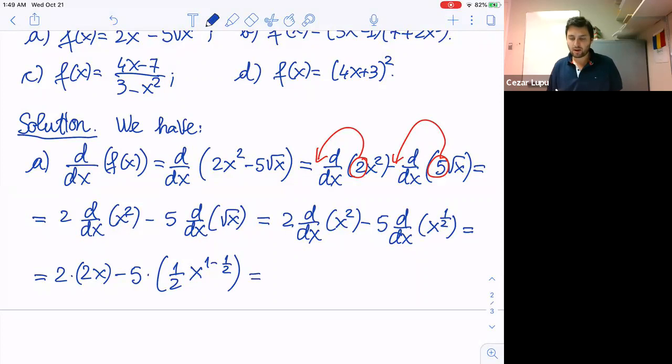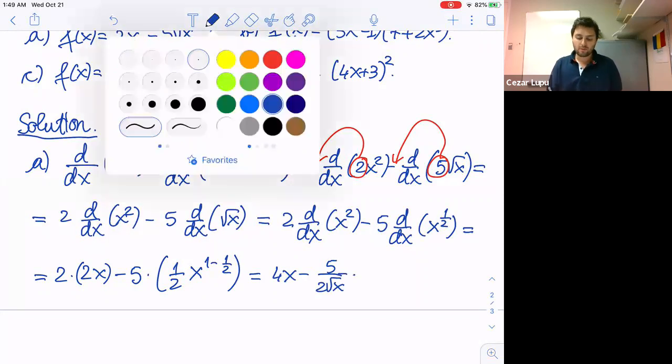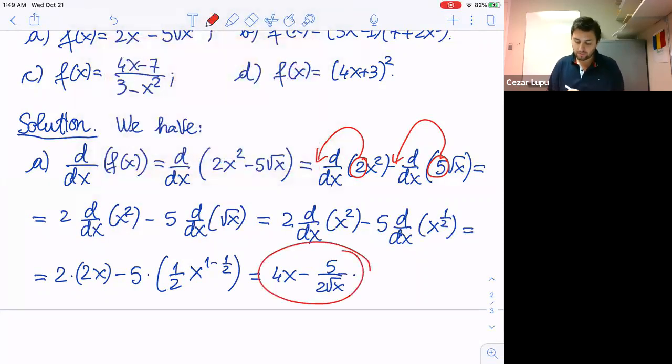And if we do the algebra here, this would be 4x minus 5 over 2 square root of x. So this is the derivative. This is how we compute the derivative of the first function. So we can write it in the following way.